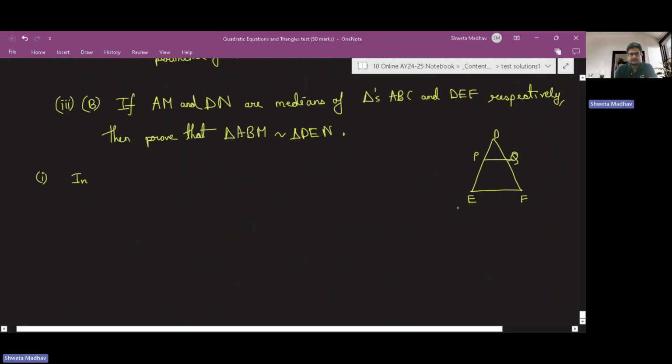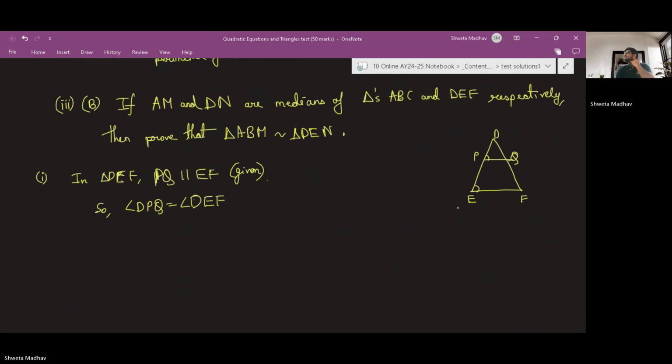Now you can say that in triangle DEF, PQ is parallel to EF, which is given. So I can say that these two angles are equal, meaning angle DPQ is equal to angle DEF.